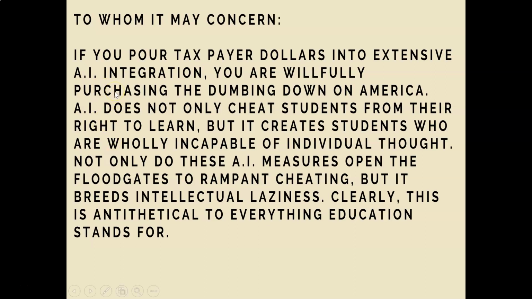We're trying to get students, especially at the AP level, to come out of the gate blazing, right? Just out of the gates on fire, so that the reader says, "Holy cow! If the kid can sustain this, they're going to get the sophistication point." And I like the strong language here. "Not only do these AI measures open the floodgates to rampant cheating, but it breeds intellectual laziness.